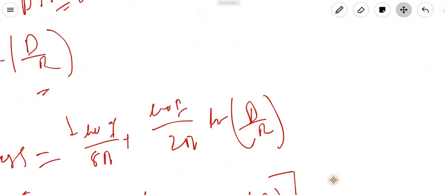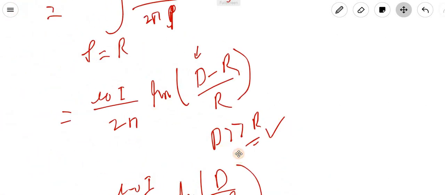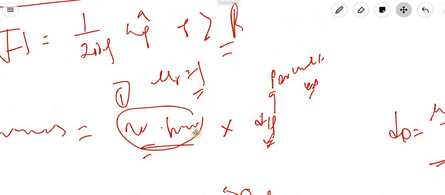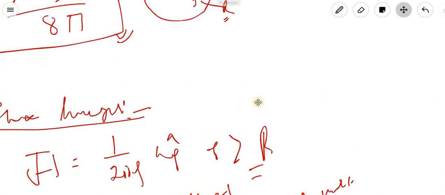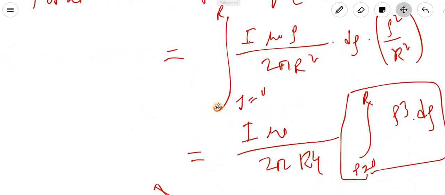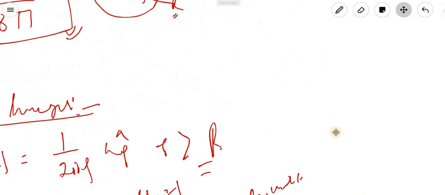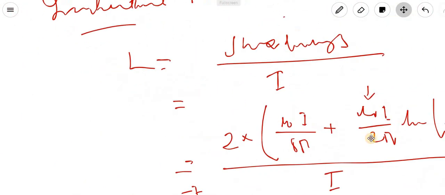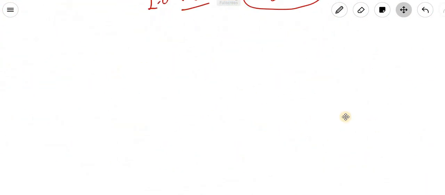Where we have taken the per unit length, the change of flux, we have taken the length as 1.